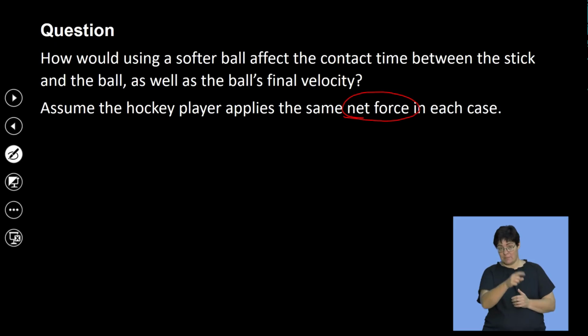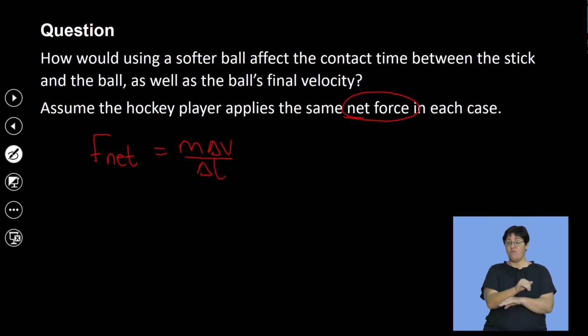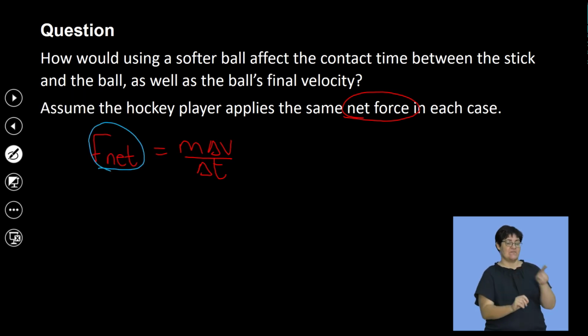Well, remember, F net is m, change in velocity, over change in time. I've said to you, that is a constant, okay? So whatever I do to the values here, I need to get the same answer, F net.